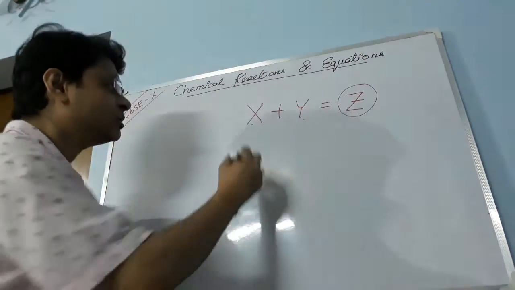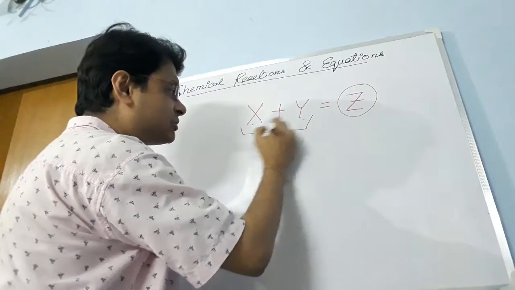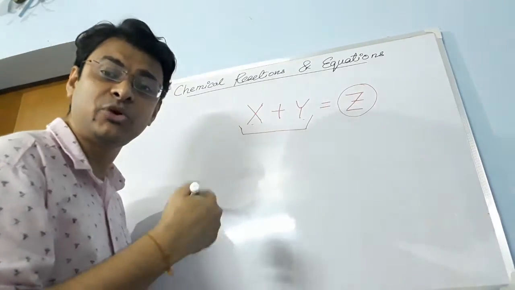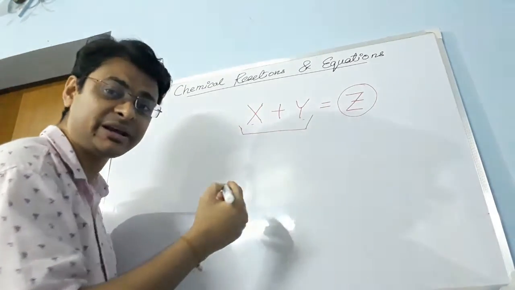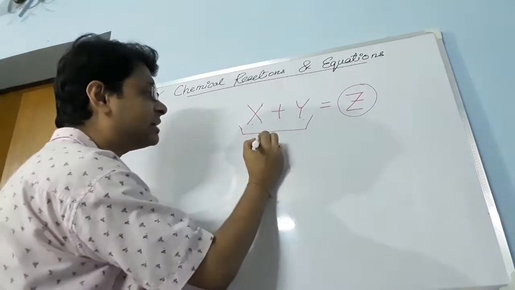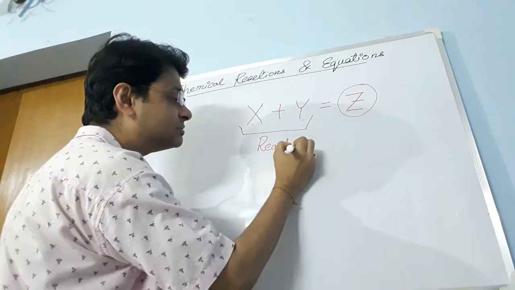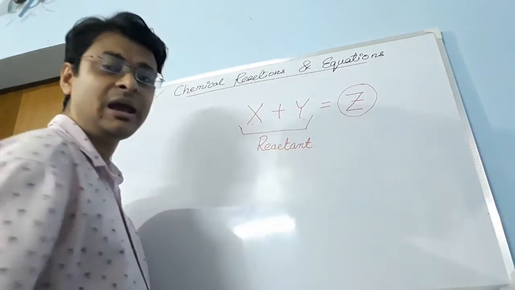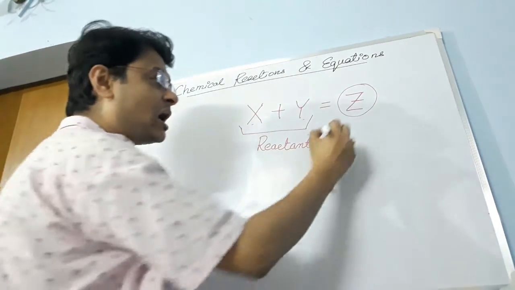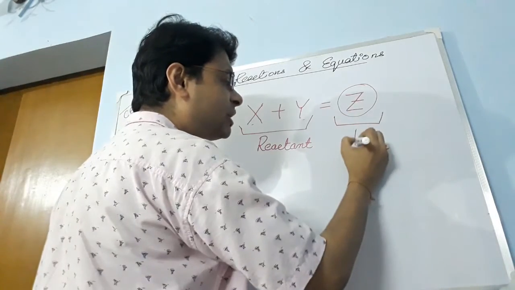Whichever substances are taking part in the reaction before it, we call the reactants, and the compound formed after the reaction we call a product.